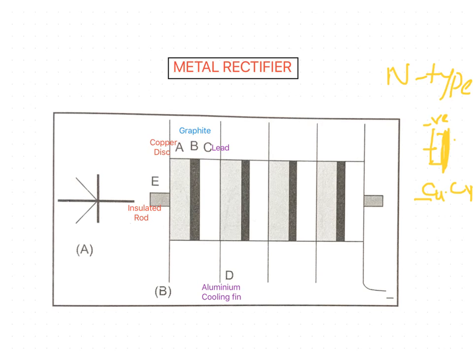But the electrons could again move from copper oxide to copper very easily.